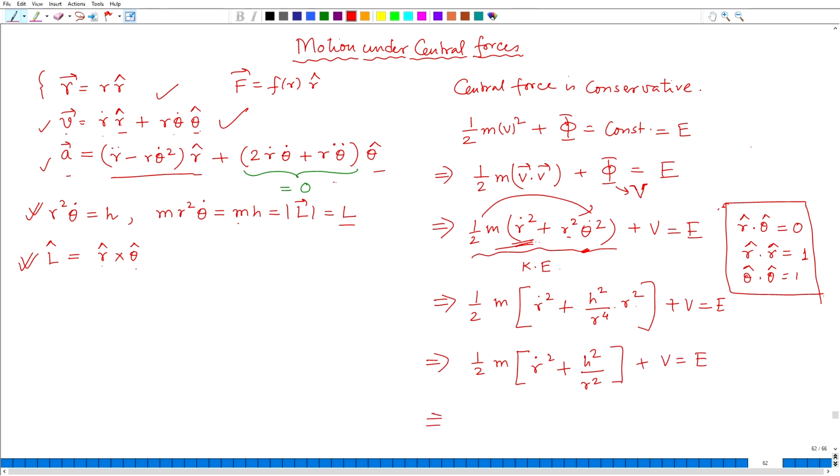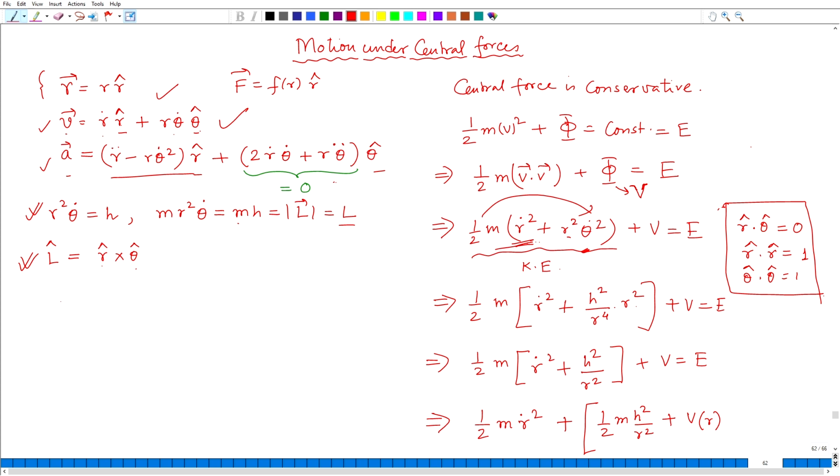Now, you see here I am just writing this whole expression in a slightly different manner. I am writing half m h square by r square plus v, which I also know for a central force should be a function of r only. If you remember, v is basically, so I am going a little bit behind so you can have the connection.